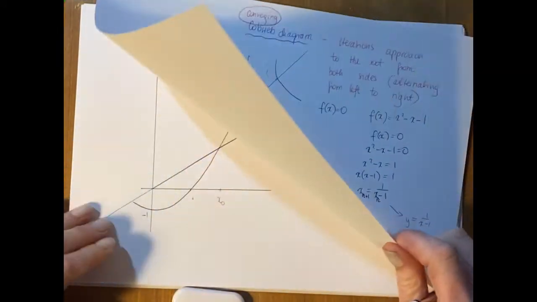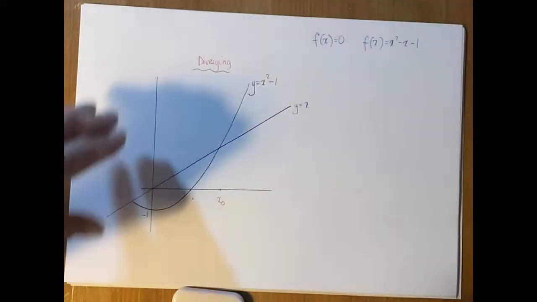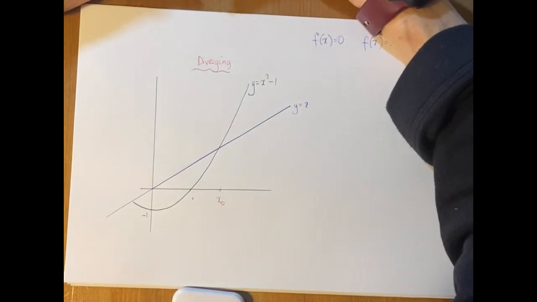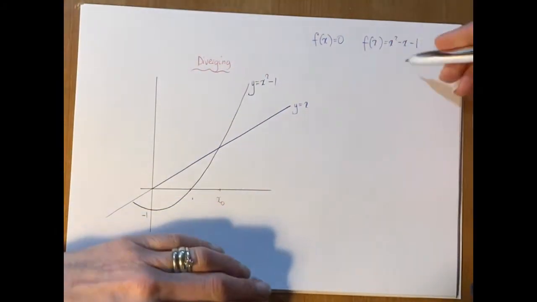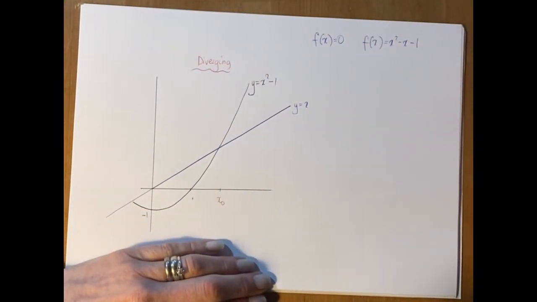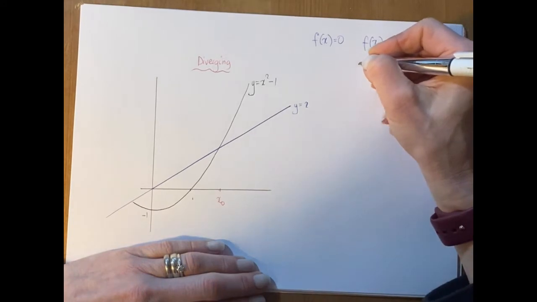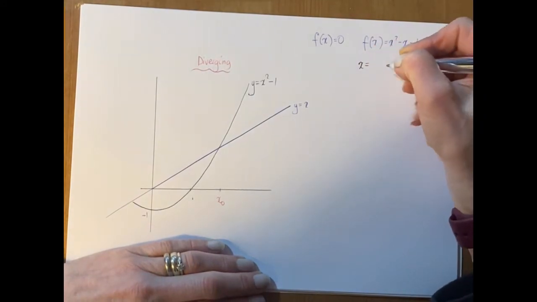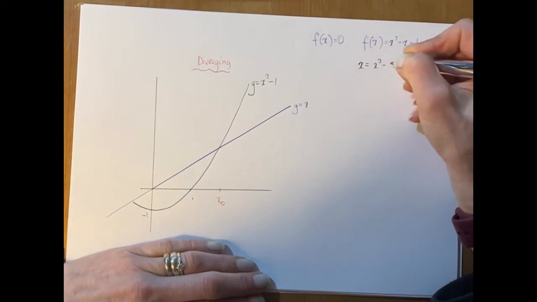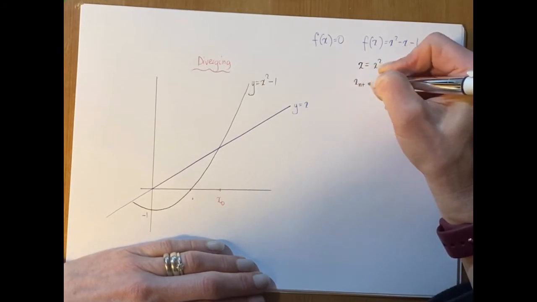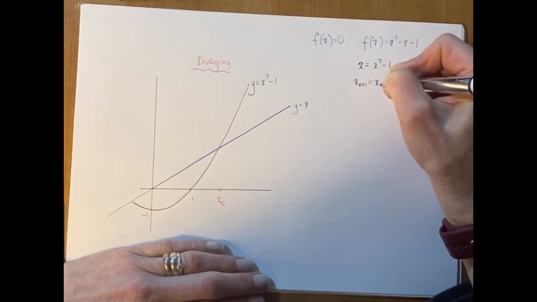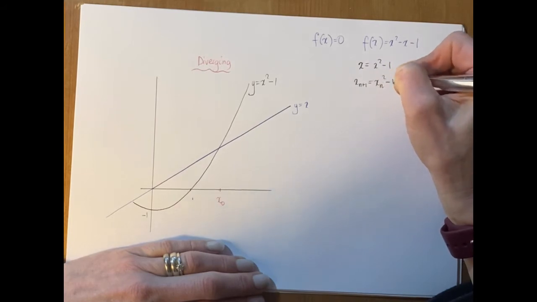Now, of course, you could have a situation where the solutions cannot be found, so you potentially could find another rearrangement of this equation. So let's rearrange it, separating x from x squared minus 1. So you could have x n plus 1 is equal to x n squared minus 1.